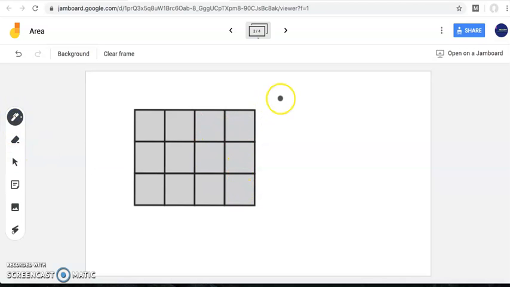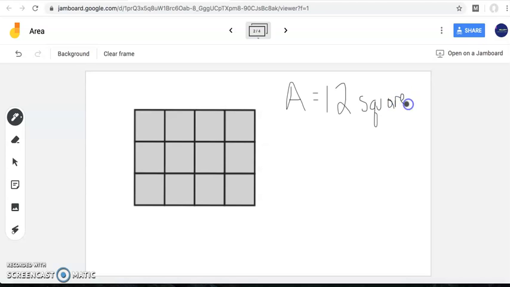So yes, my area here, and you can even say A equals 12 square units. So I'll spell square for you, square units.